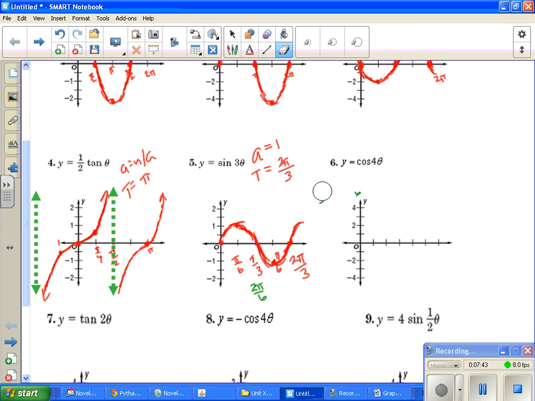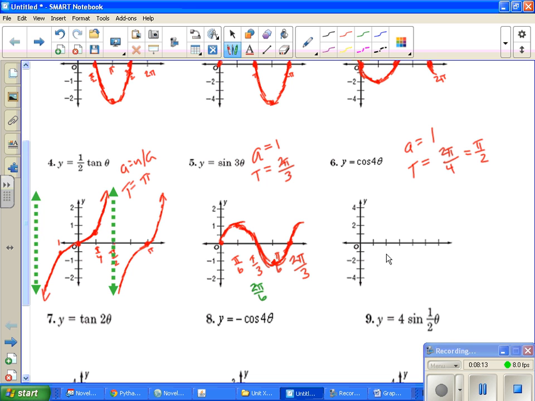All right, cosine. Normally cosine would start up at 1, but since it's got a 4 inside with the angle, the amplitude hasn't changed, that's still 1. But the period, instead of being 2 pi, is going to be 2 pi over 4, which reduces down to pi over 2. So really, this thing's going to go up and down in pi over 2 units, right?